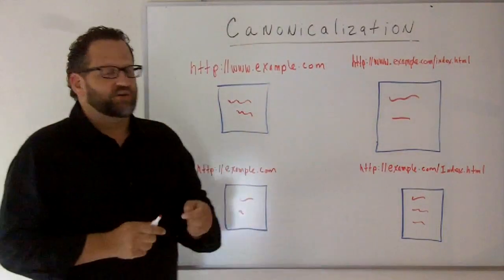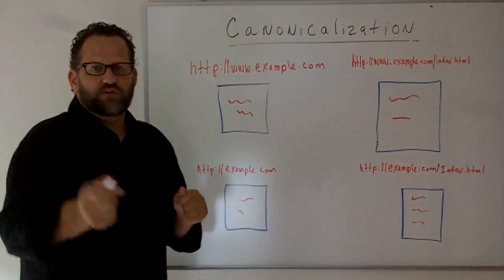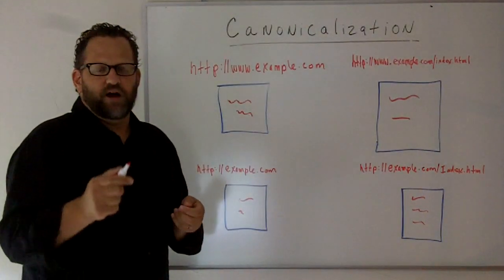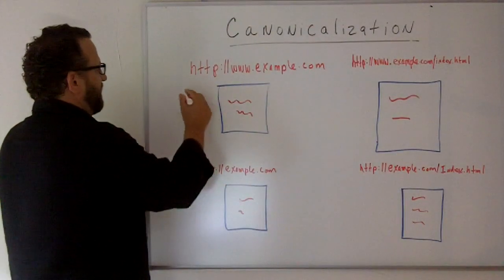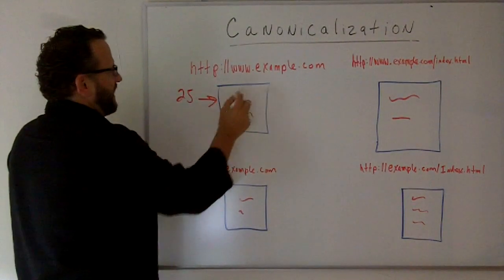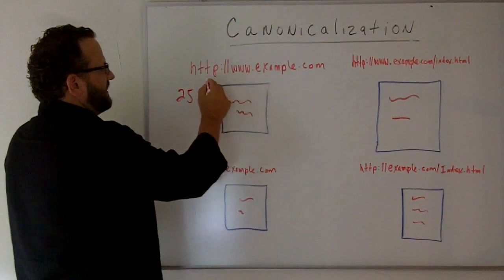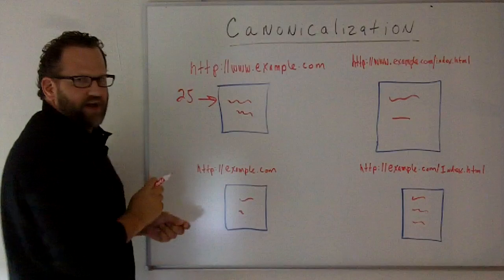Well, here's how it can hurt you as well. Not only the duplicate content issue, but let's say you're doing some SEO work and you're building links, or you're getting a lot of good links. And let's say we have 25 links that are coming into your homepage, and the links are coming to http://www.example.com.